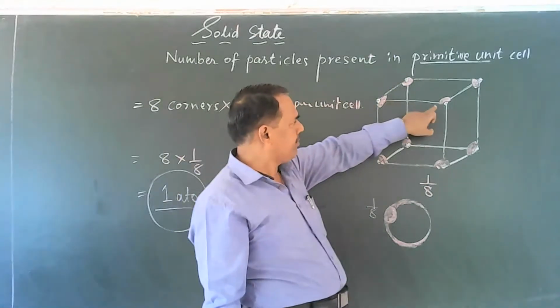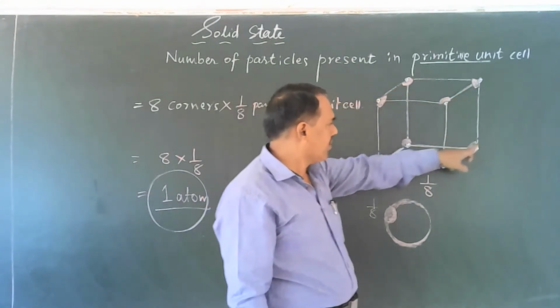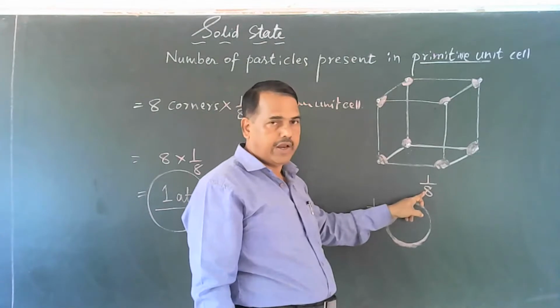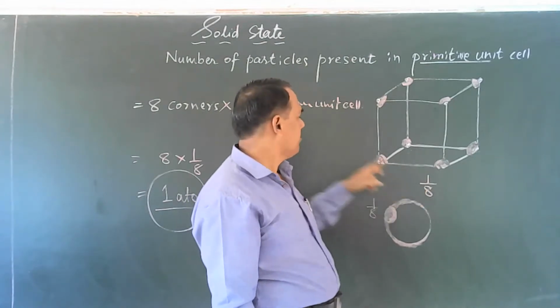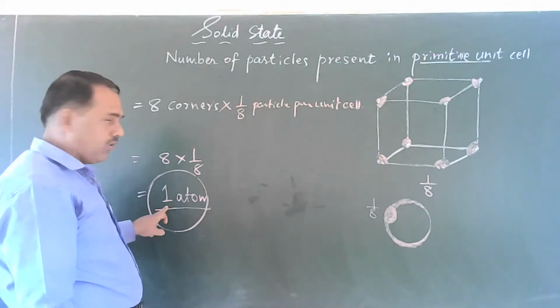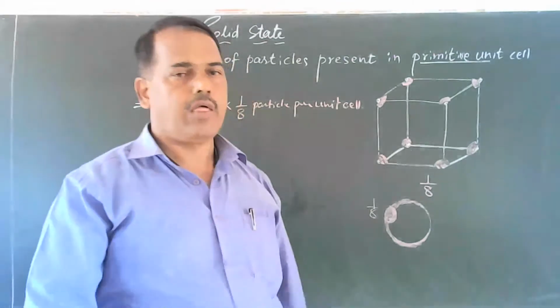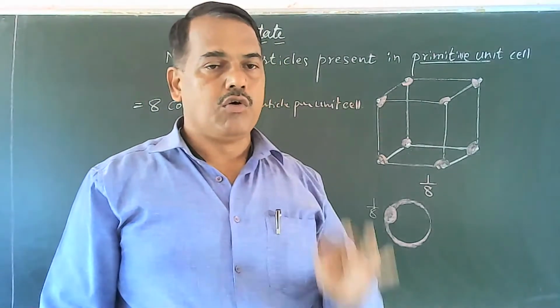In a primitive unit cell, the contribution towards the corner is only 1 by 8 per atom. So therefore, per unit cell, 8 into 1 by 8 is equal to 1 atom or particle. You can easily write it. Are you clear?